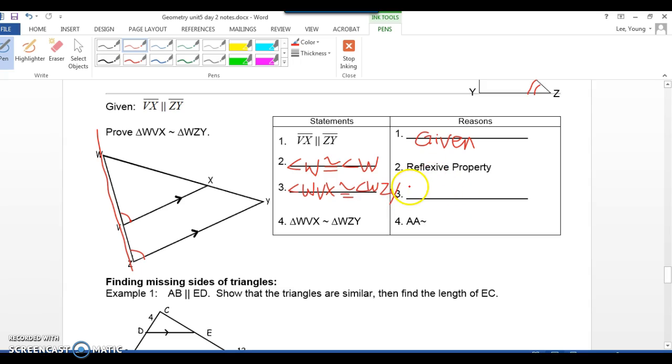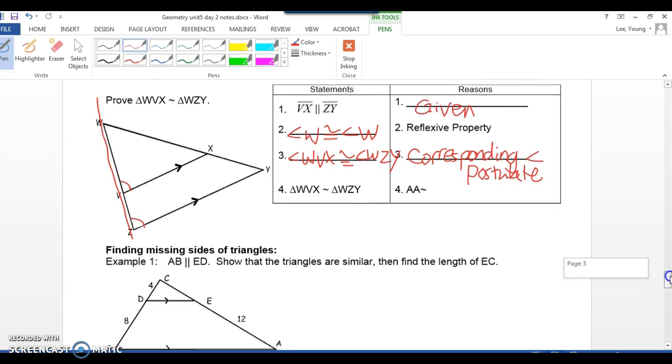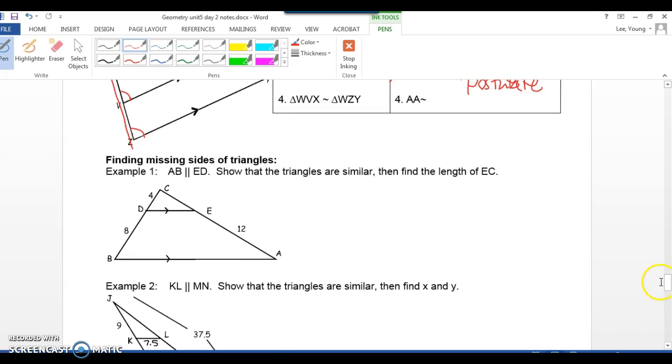And what do we call that? That's the corresponding angle postulate. Then we can say triangle WVX is similar to WZY because of angle similarities. Very easy.